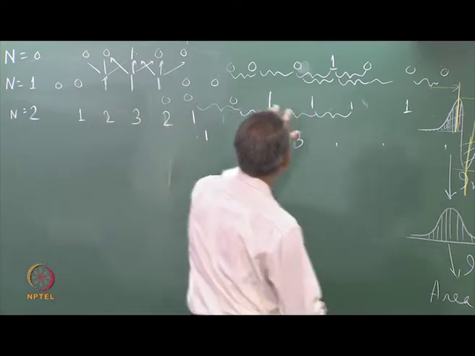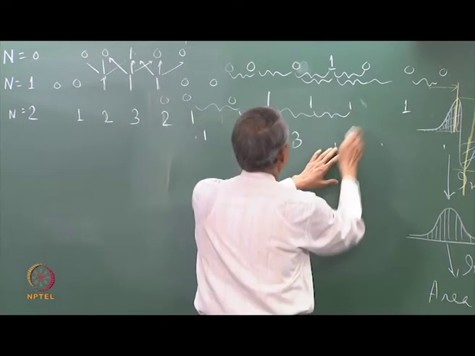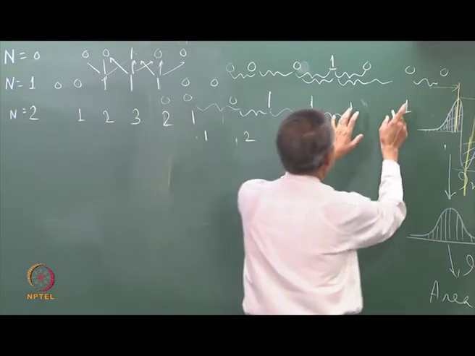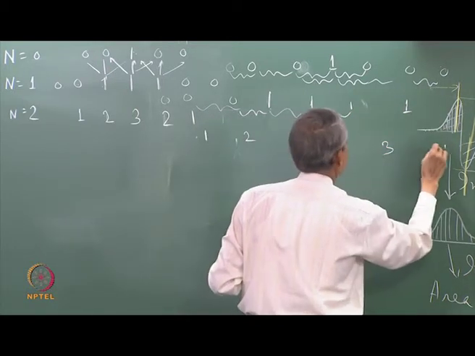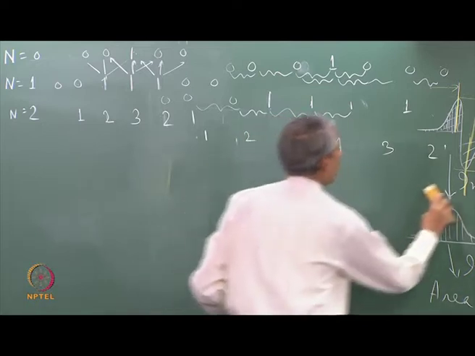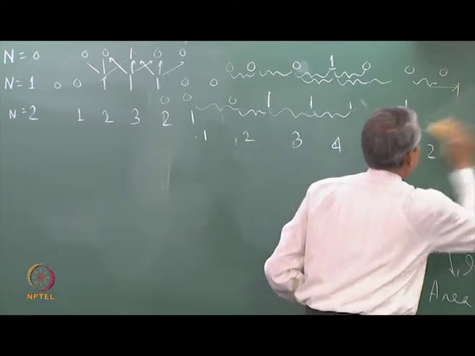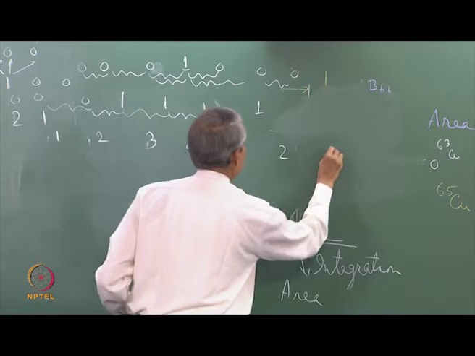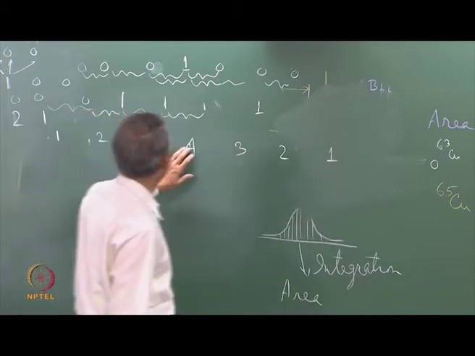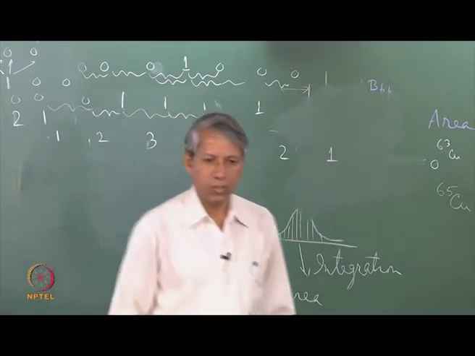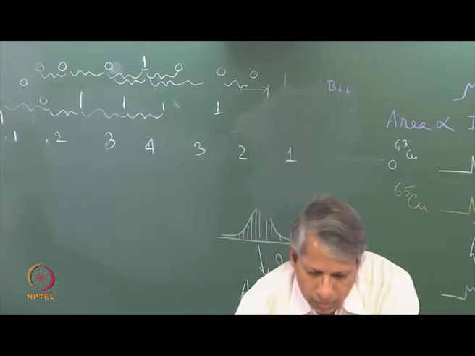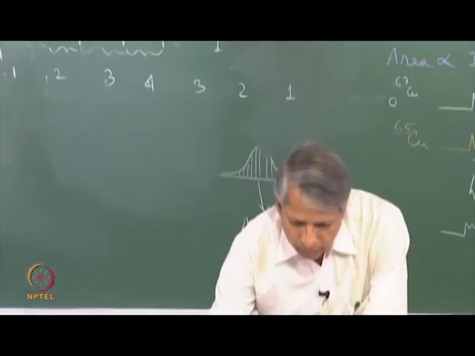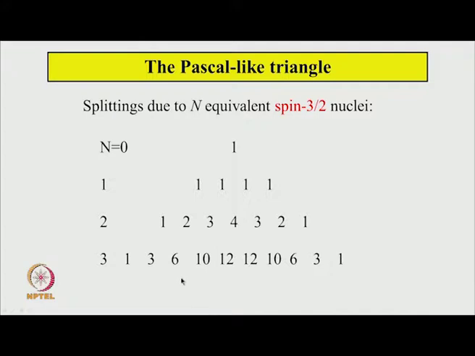Then further this and this gives 4. Then this and this gives me 3, 2. So 1, 2, 3, 4, 3, 2, 1. That's the way the line numbers are created here. You can check whether you can figure out how these numbers are found.